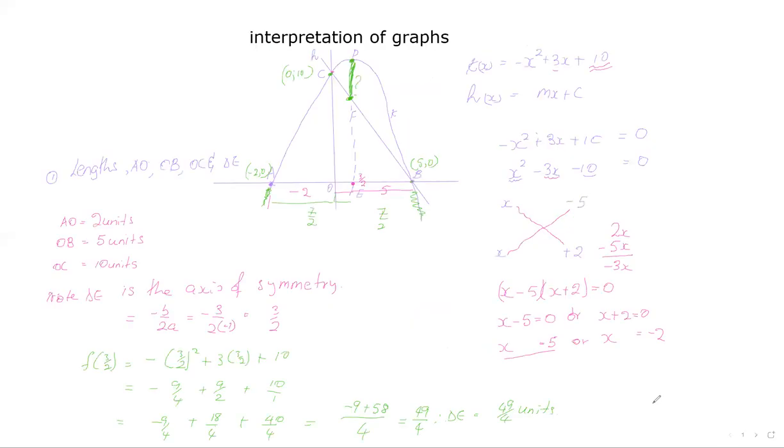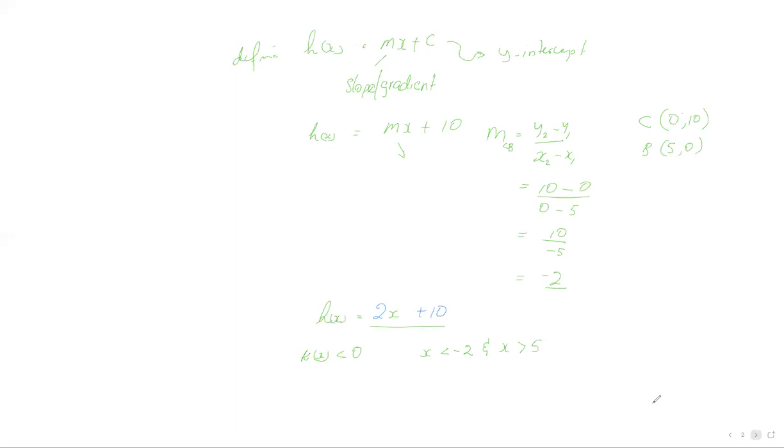Let's check the function. Yeah, it's plus 10. And then we have h of x, which was equal to -2x + 10.